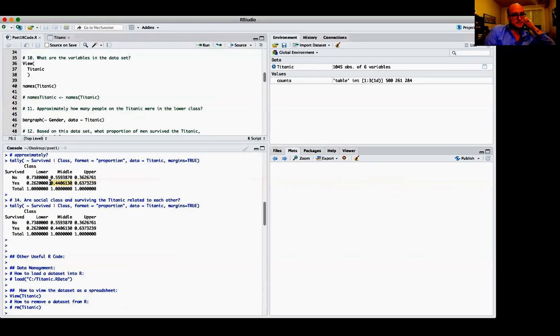Those in the middle class, still not as fortunate, but 44% of the middle class survived. And in the lowest class, the people who have the least economic means to survive, 26% of those survived.